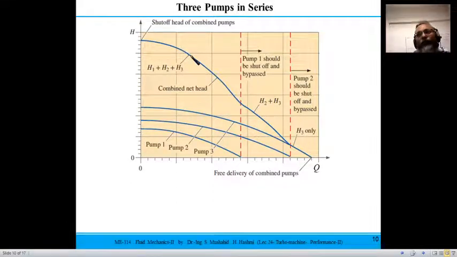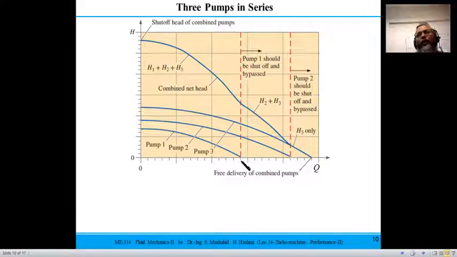But this situation is not the same once you go into higher flow rates. For example, here you have a maximum flow rate which is coming from pump 1. It means pump 1 cannot give you any flow if your flow rate requirement is higher than this.